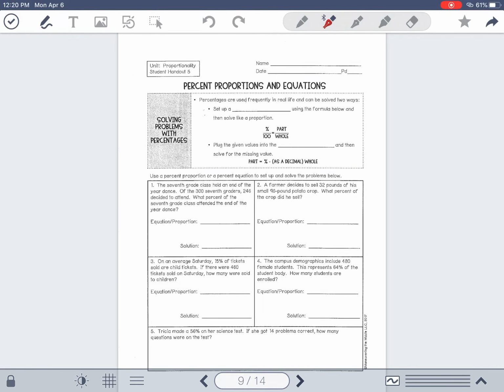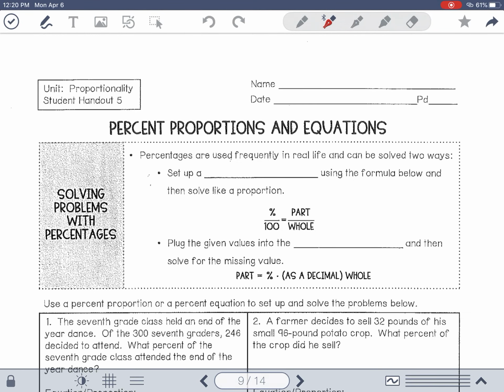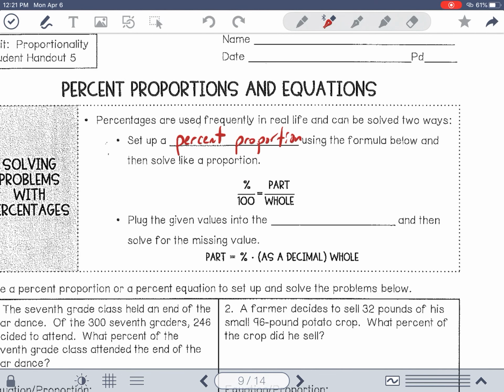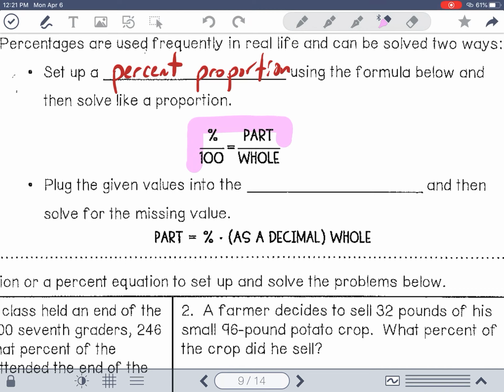Let's go over a couple pages over. We're going to do percent, proportions, and equations. We're going to set up a percent proportion, and remember I told you a minute ago, I've already given you a little bit of a heads up on it. We're going to use this formula: percent over 100 is equal to part over whole.